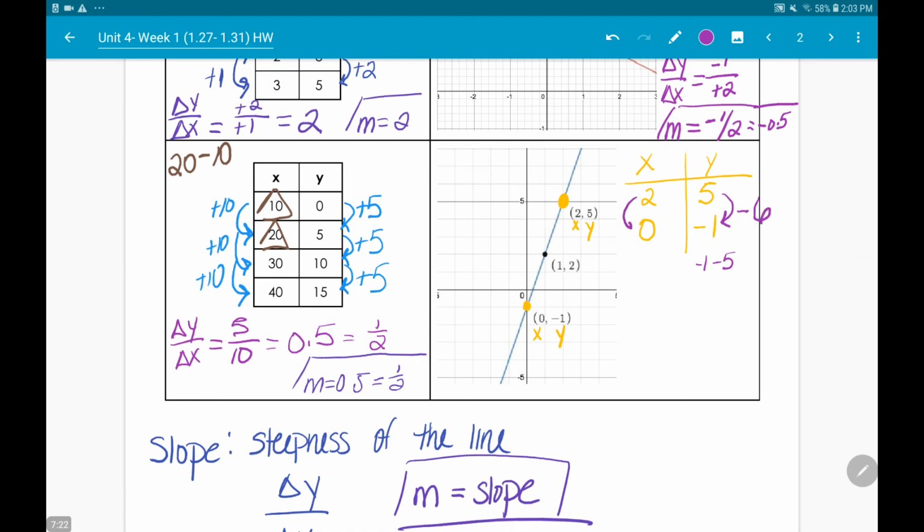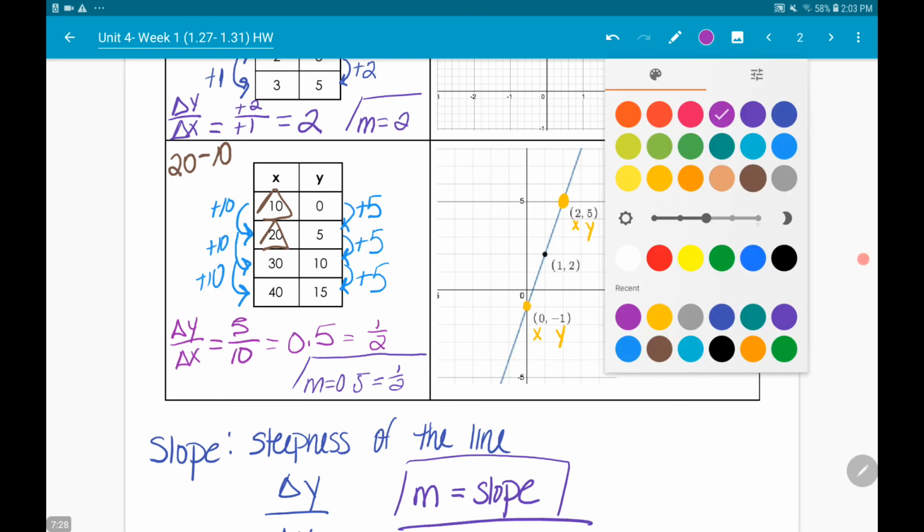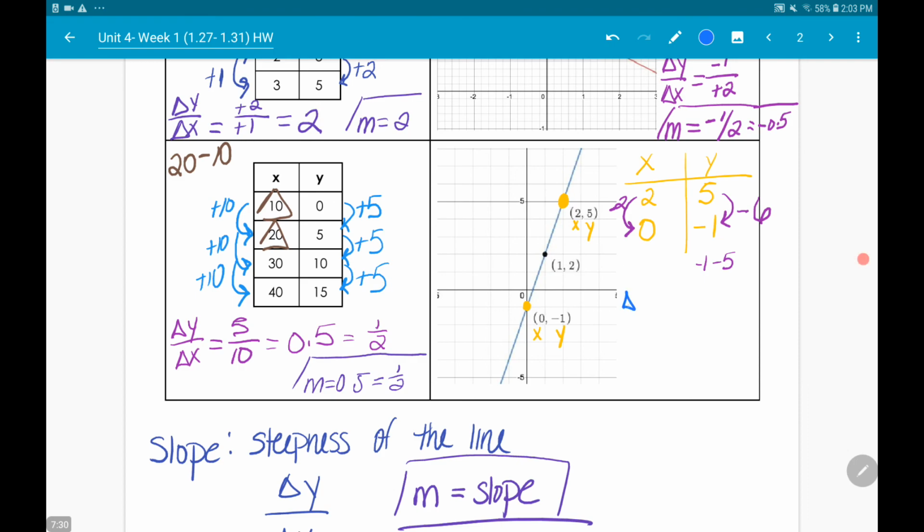Now 2 to 0 is just -2. So now let's calculate our slope: -6 over -2. And then my m is going to equal 3.